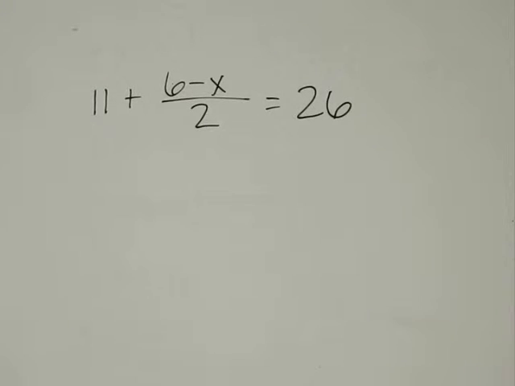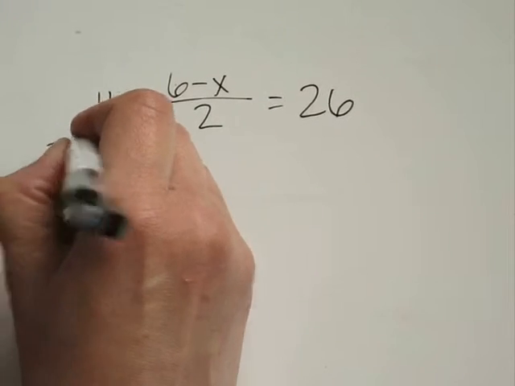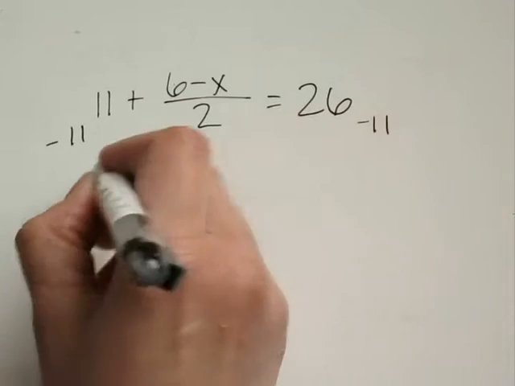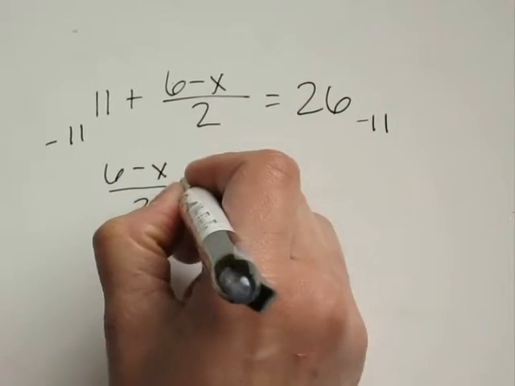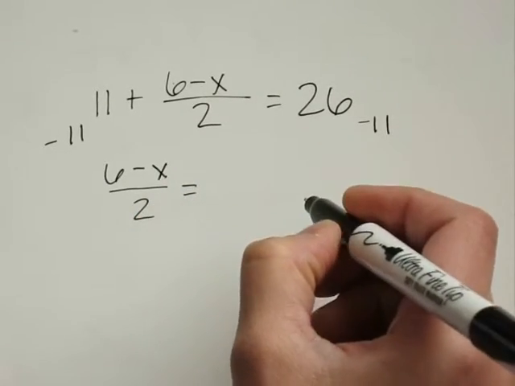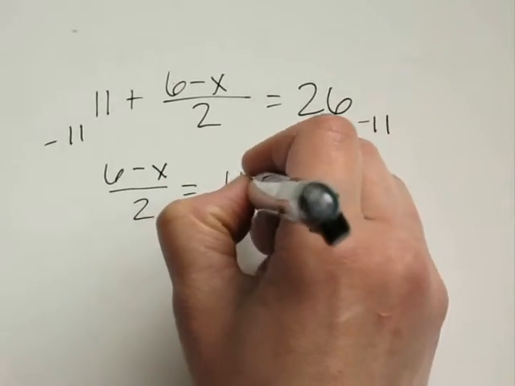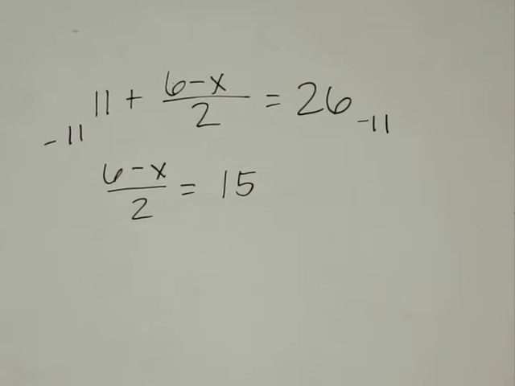Problem 20, 11 plus 6 minus x over 2 equals 26. Don't let the fraction scare you. This problem is really not that bad. I'm going to subtract 11 from each side so that I'm left with 6 minus x over 2. 26 minus 11 is 15.